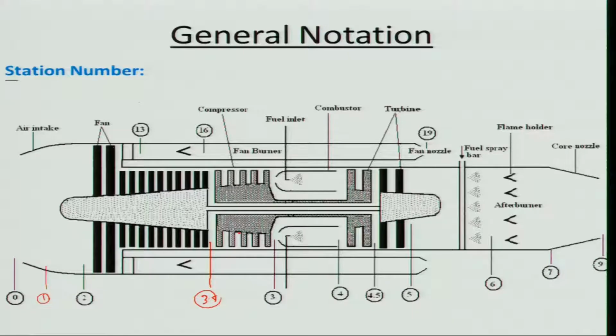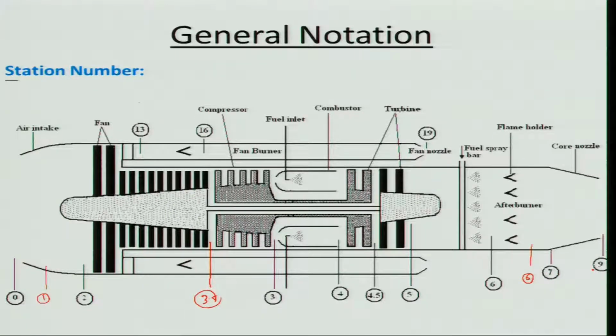And 3 to 4 is your combustor and 4 to 5 is your turbine, but 4 to 4.5 is your high pressure turbine and 4.5 to 5 is your low pressure turbine. 5 to 6 is the afterburner section, with a jet pipe for mixing, and 7 to 9 is basically the nozzle.